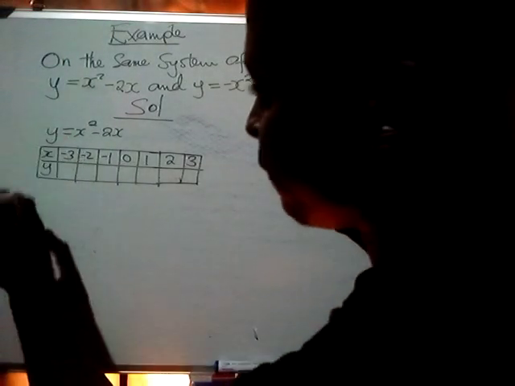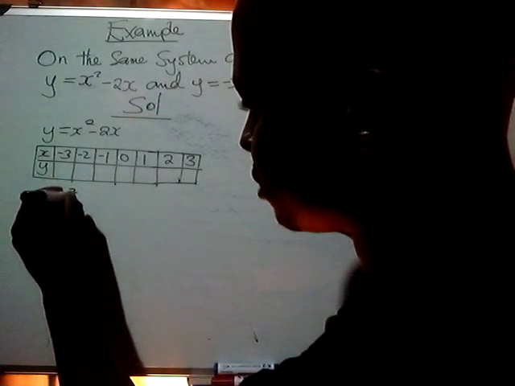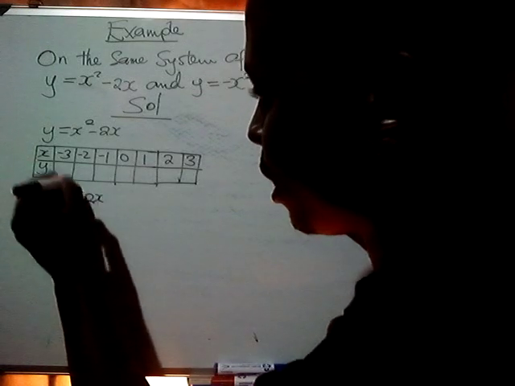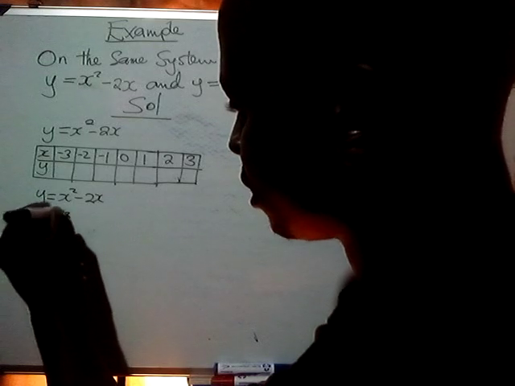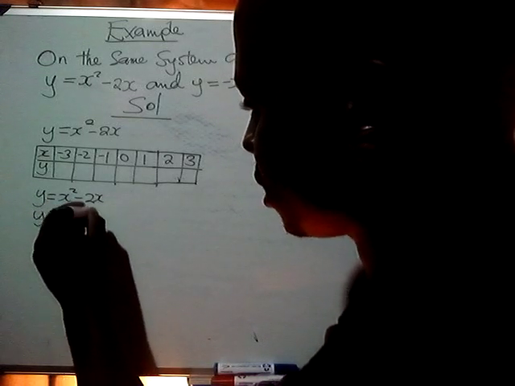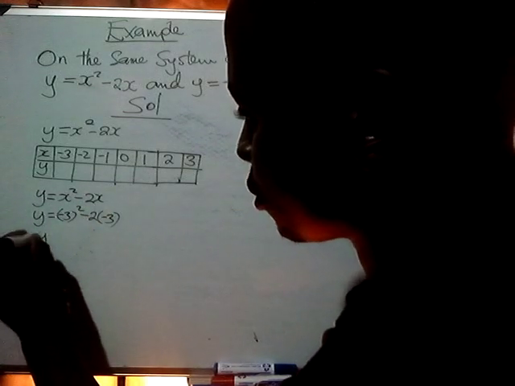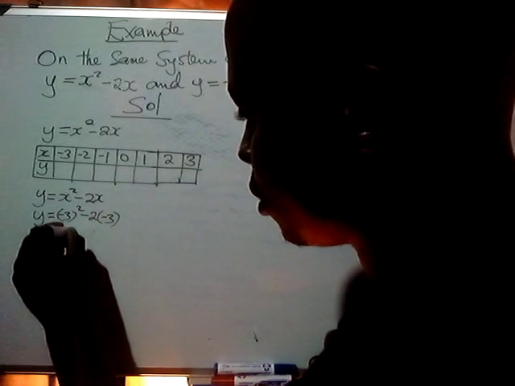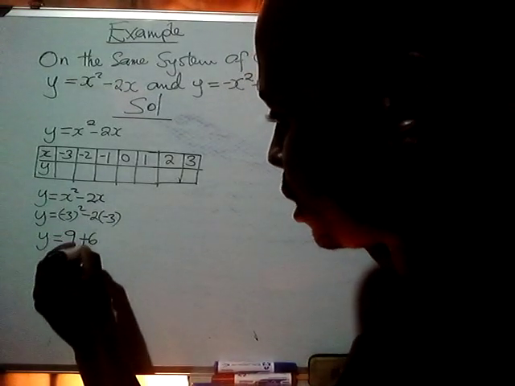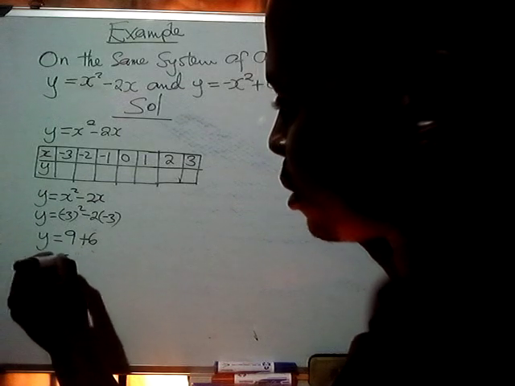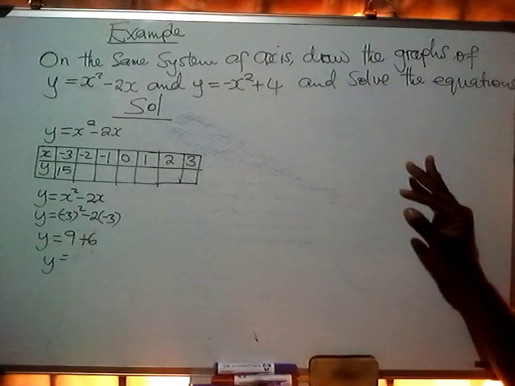So I will say y is equal to x squared minus 2x. Where there's x, I'll put -3. y is equal to -3 squared minus 2 times -3. So y is equal to 9, plus 6, so y is equal to 15, because 9 plus 6 is 15.